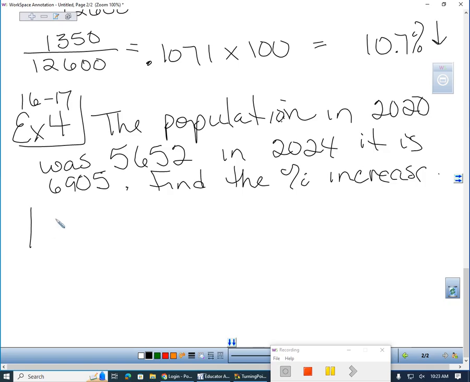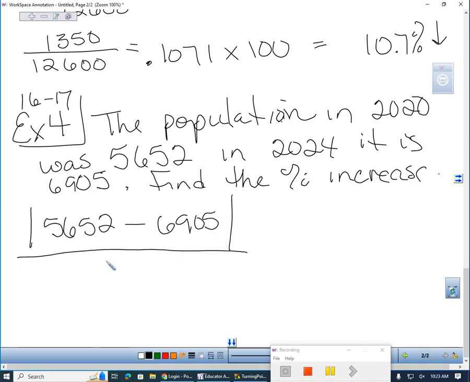Correct. Very good, Brayden. So we have the absolute value of 5,652 minus the new, or the current, which is 6,905, divided by the original of 5,652. Then we're going to times by 100.